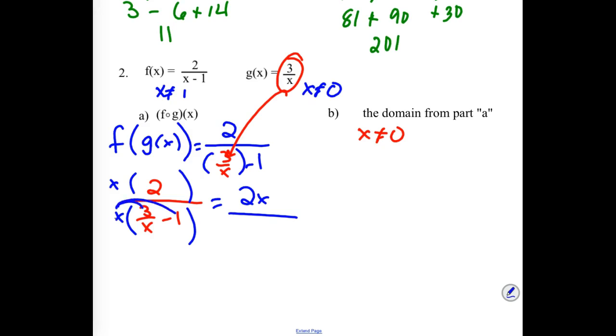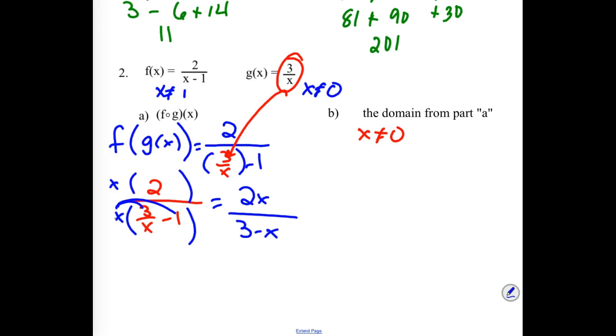Distribute it in. X times 3 divided by x is just a 3. X times the negative 1 is a negative x. Okay? Be careful when you clean that up. You are not just multiplying the 3 over x by x, you're multiplying the whole thing. Yes? What new domain restriction jumps out at you?